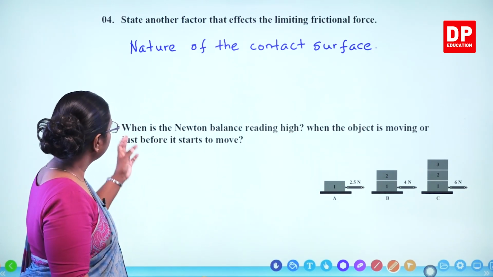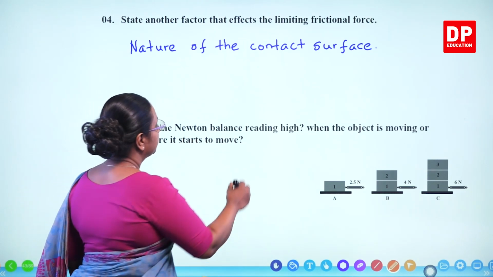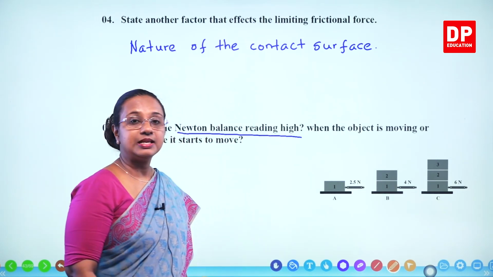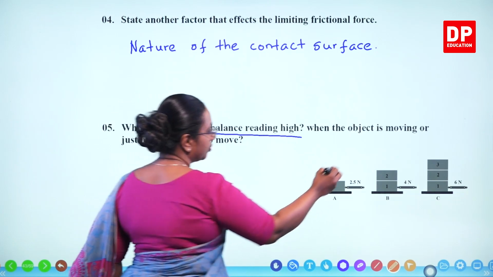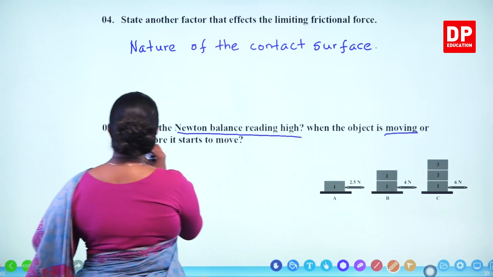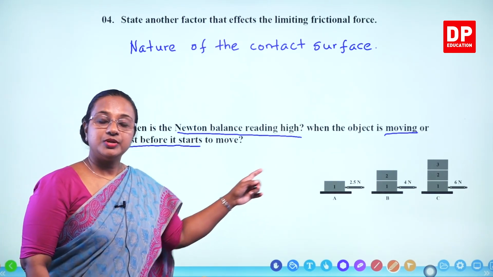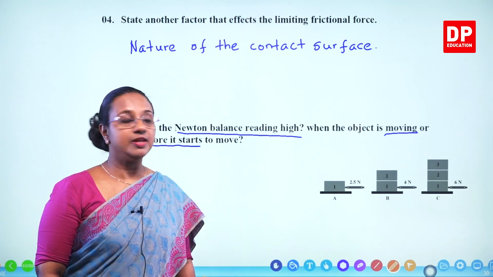Next question. When is the Newton balance reading high? So, they want you to identify when the Newton balance gives a high reading. When the object is moving or just before it starts to move. So, here there are two states of friction involved.